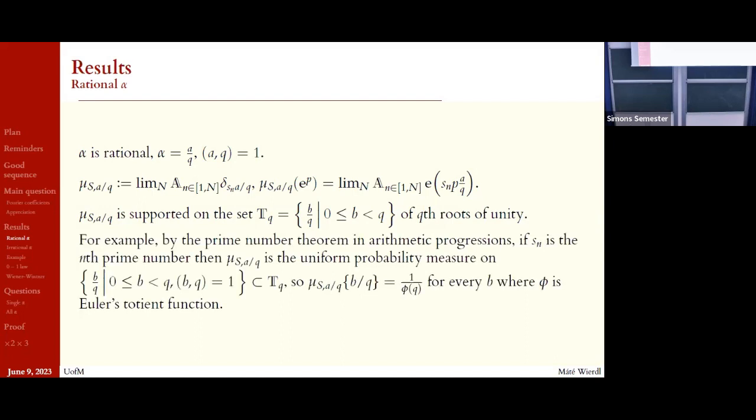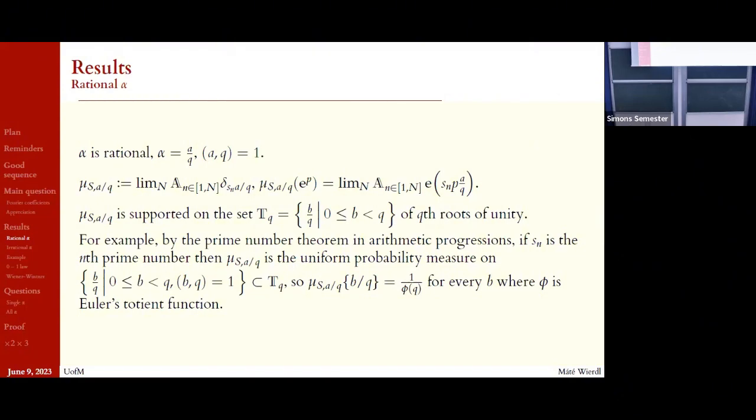So for example, since I already talked about the squares, let's single out the primes. In case of the primes, by the prime number theorem in arithmetic progressions, so we have to use a non-trivial result here, if Sn is the nth prime number, then the limit measure at A over Q is the uniform probability measure on this set.